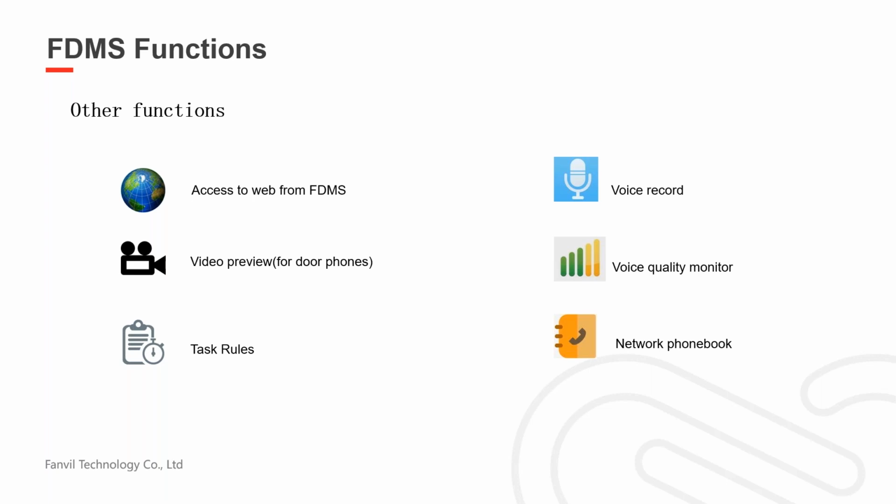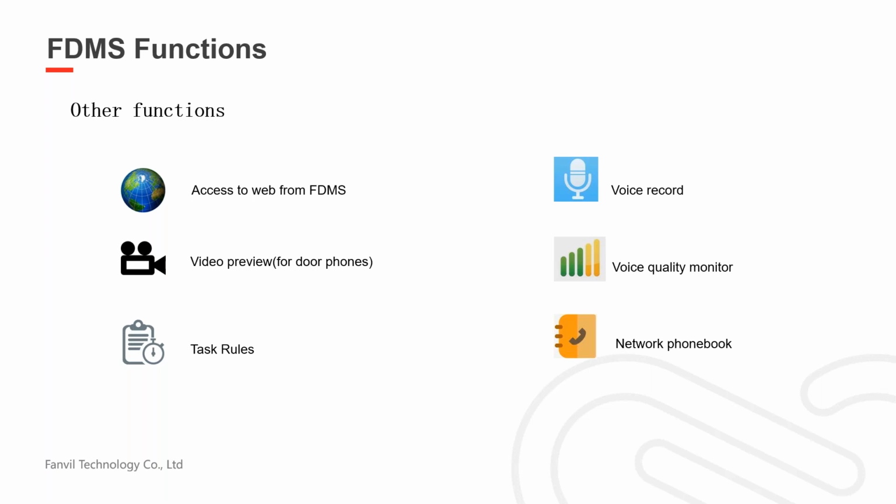For example, we need to make configuration backups periodically, upgrade the firmware periodically, and also do other things, for example, status checks or syslog collection. Then we can define these rules for the devices on the FDMS server, and you can just get the data. No need to operate it manually.